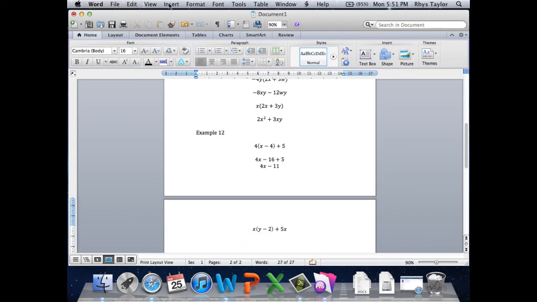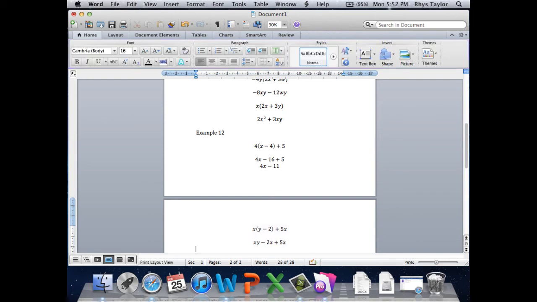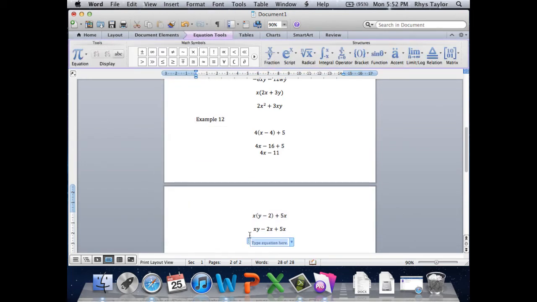Rule stays the same. x times y, that's just xy. x times negative 2 is negative 2x plus 5x. Then I gather my like terms together. xy stays out the front, he's happy there. Negative 2x add on 5x should give you positive 3x. There we go.